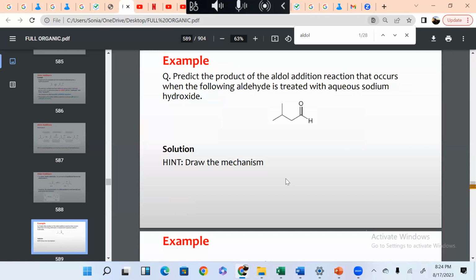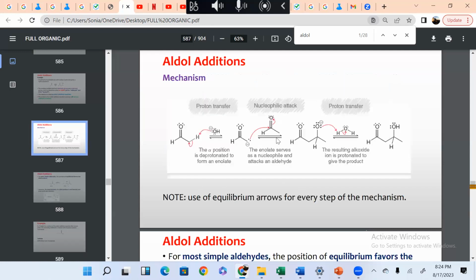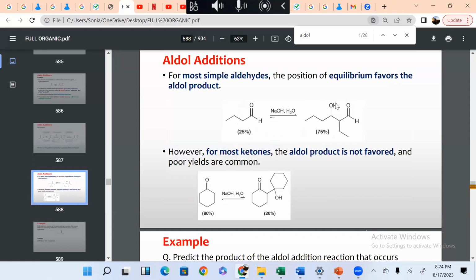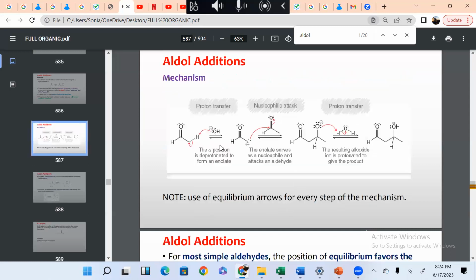So this is the aldol addition reaction. I think these things would really work if we had a whiteboard to push the arrows, but you can just figure out how to draw this mechanism. You can use this as a guide: it's reacted with sodium hydroxide, so it's the exact same thing, hydroxide reacting with this aldehyde.